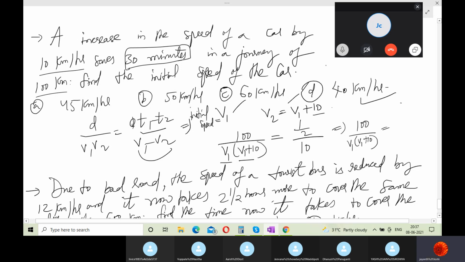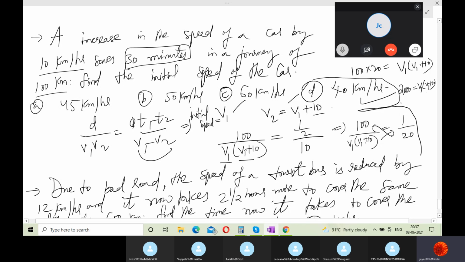1 divided by 2 whole divided by 10. So 1 by 20. Now cross multiply. So I will write this here. 2000 is equal to V1 into V1 plus 10.